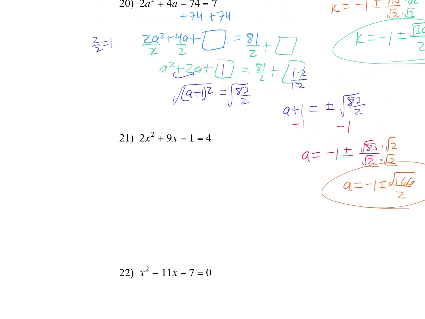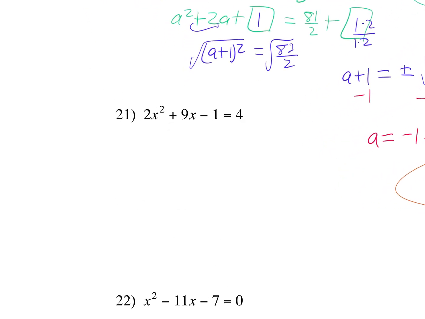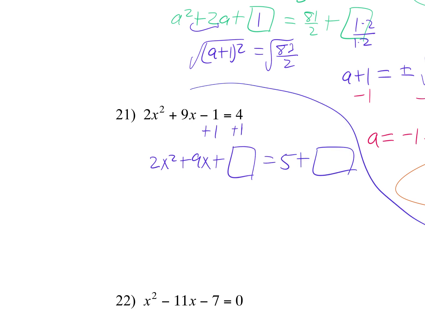So let's try 21. Again, we want to get the constants on one side. So let's add the 1, add the 1. And then we should get 2x squared plus 9x plus our little space is going to equal 5. Again, plus our little space. All right, let me split that up.